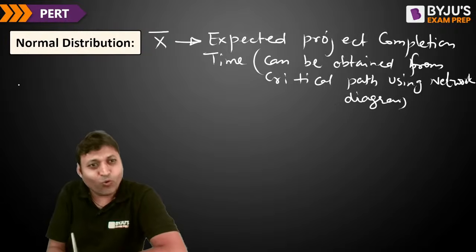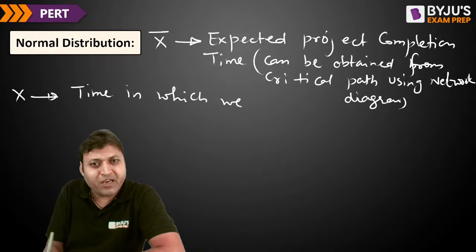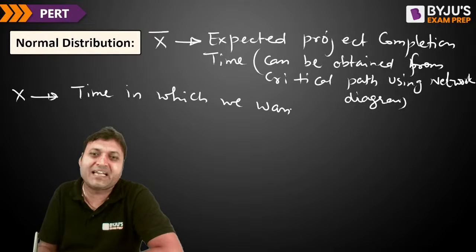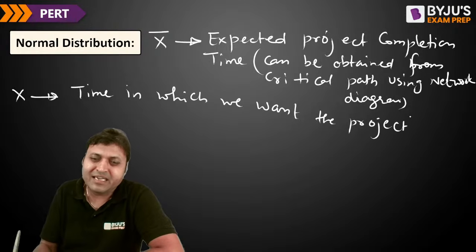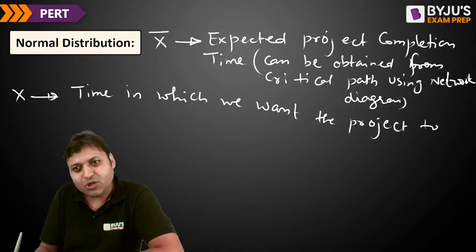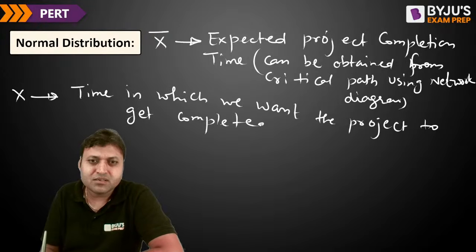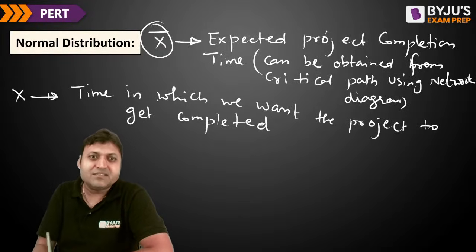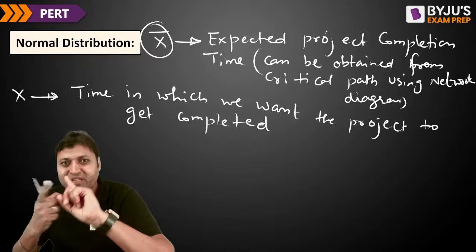And what is x? X is the time in which we want our project to get completed. X bar is the expected project completion time, which can be obtained as follows. The first step is to draw the network diagram.